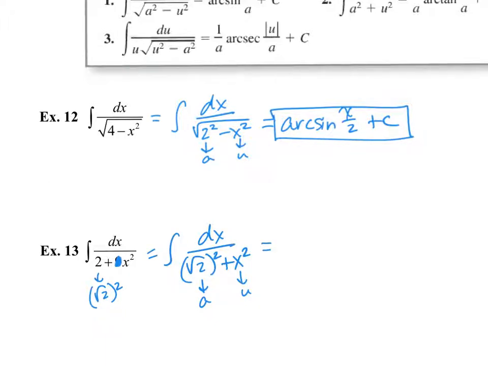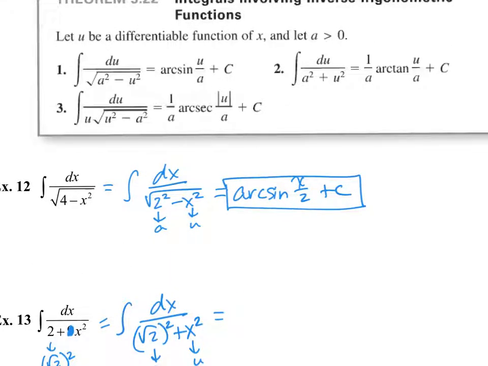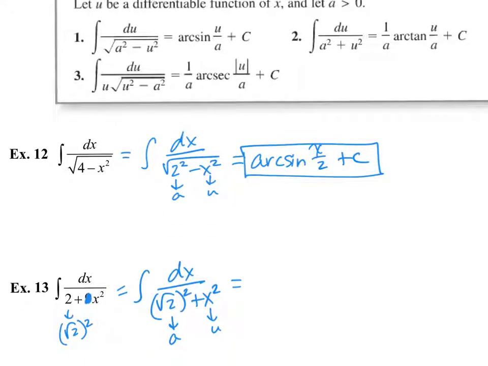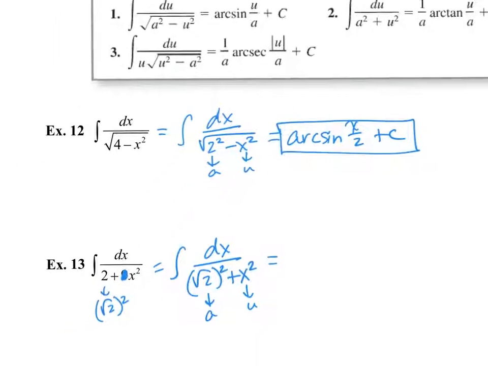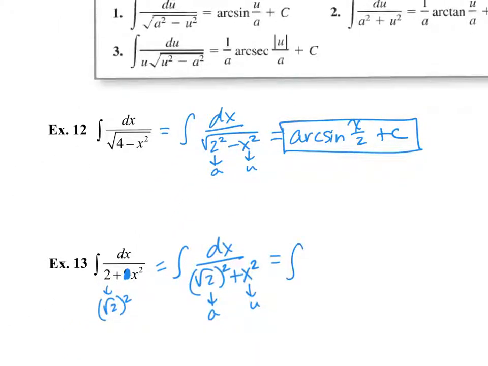So this is going to be the integral. Here, let's go ahead and look at that pattern again. We're going to write 1 over a, arctangent or tan inverse of u over a plus c. We're just going to replace both of these a's with the square root of 2 and replace u with x. So our final answer would look like this. 1 over a, and remember a is the square root of 2, so 1 over the square root of 2.